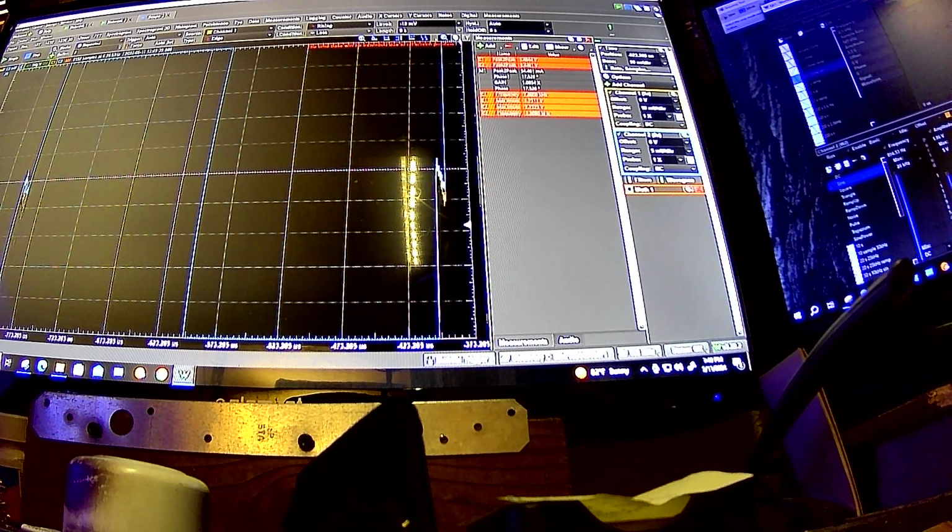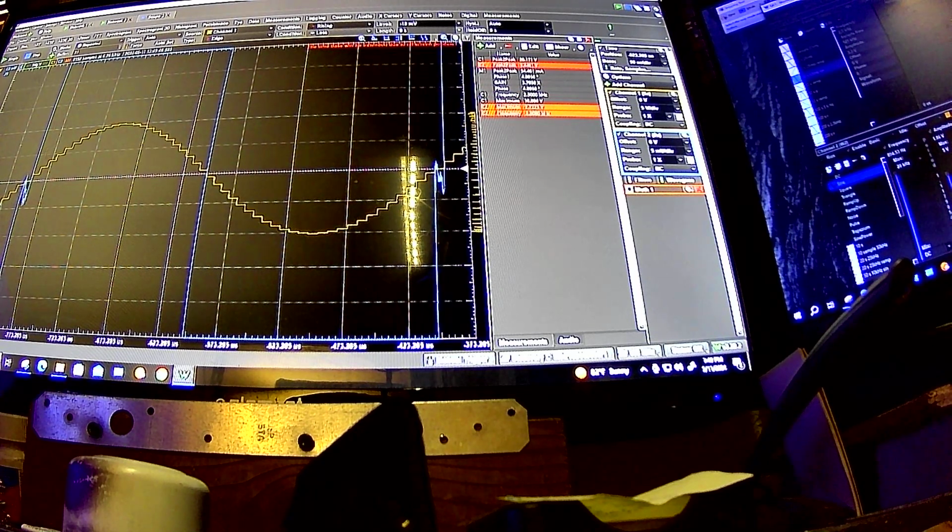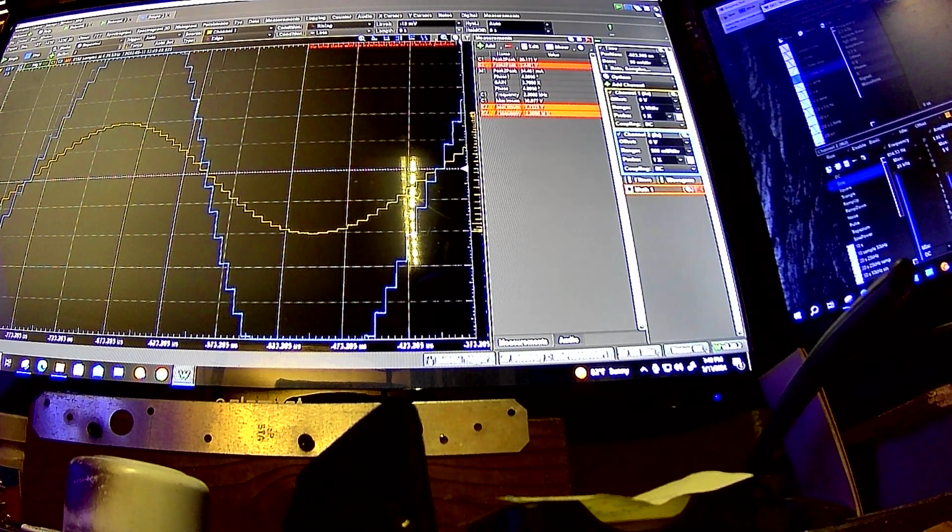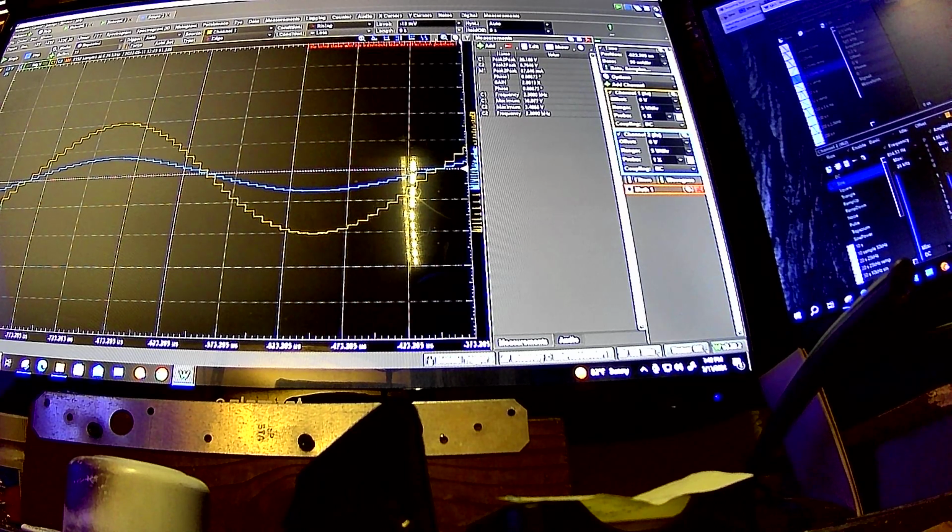So I don't know where I'm at on this. Okay, here we go. All right. But yeah, normally you'll have resolution limits vertically.